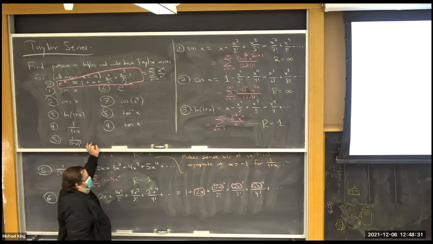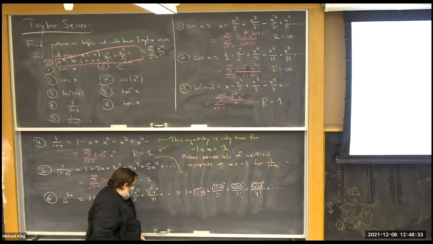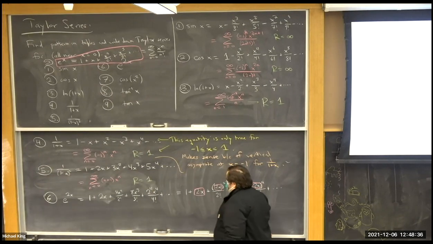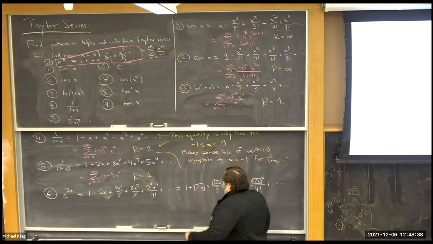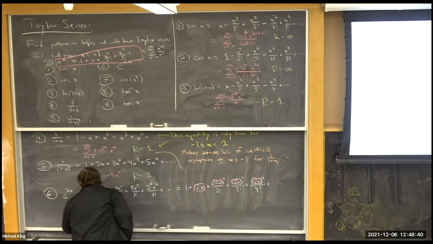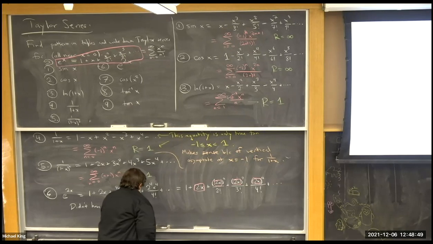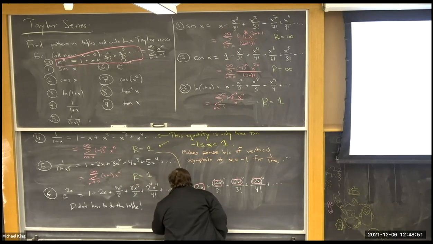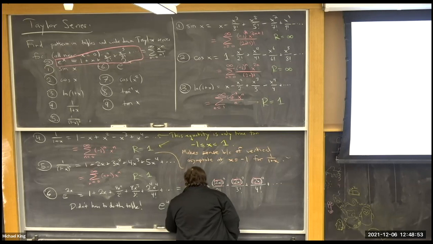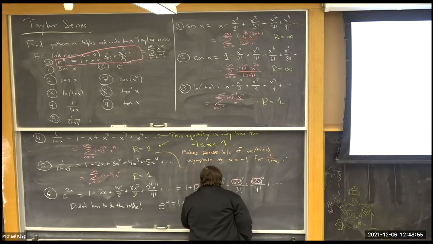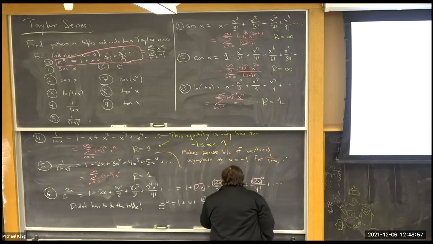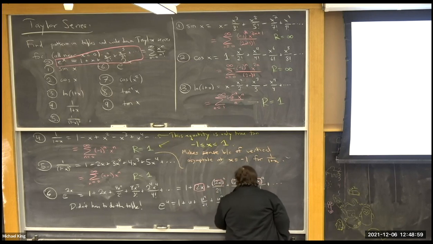That's a big thing here. We didn't have to do the table. Let me just use a different variable. We know e to the u is 1 plus u plus u squared over 2 factorial plus u cubed over 3 factorial plus u to the 4th over 4 factorial, et cetera.